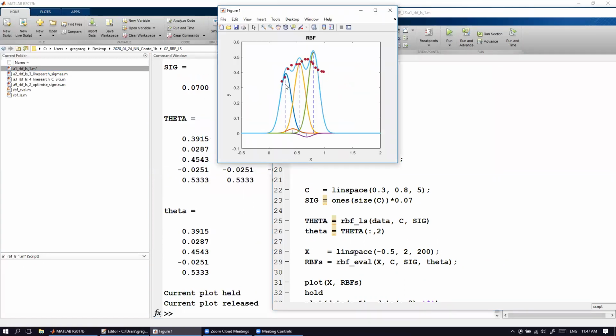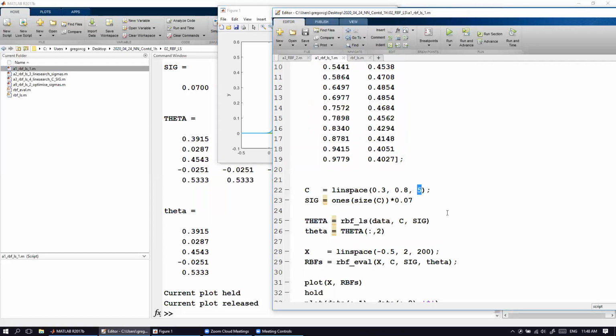So what we see here is that with the 5 neurons, we get some sort of approximation. And we realize that some of the weights are negative, and actually in this case 3 of them are negative and 1 is positive. So increase the number of centers to 7.